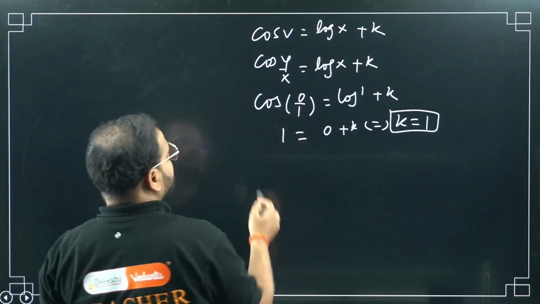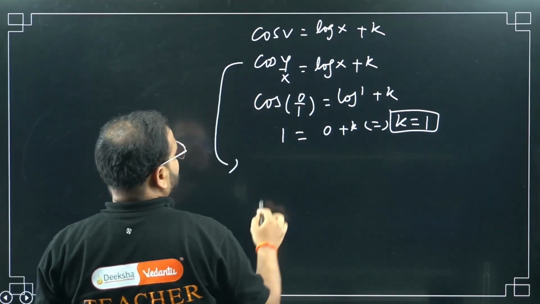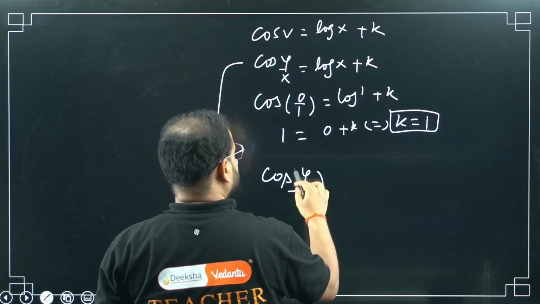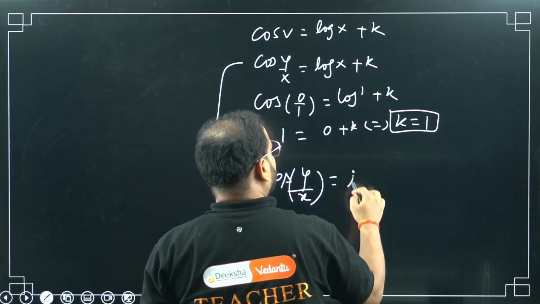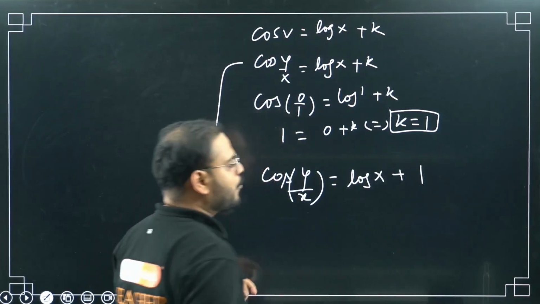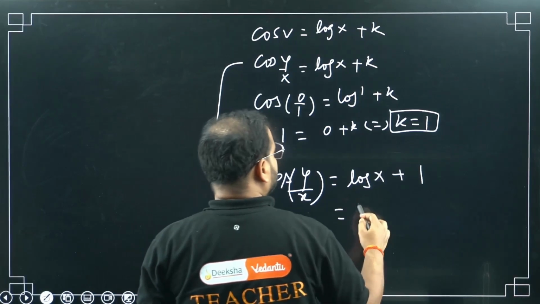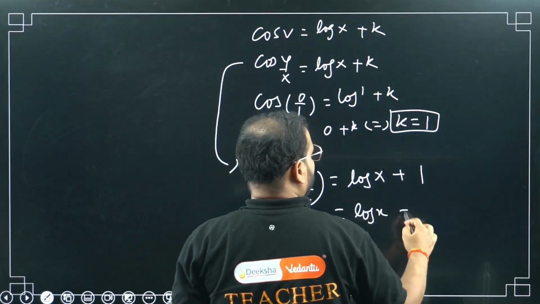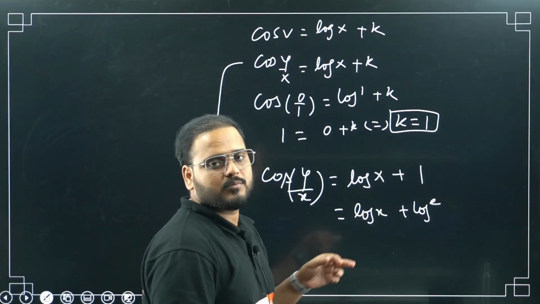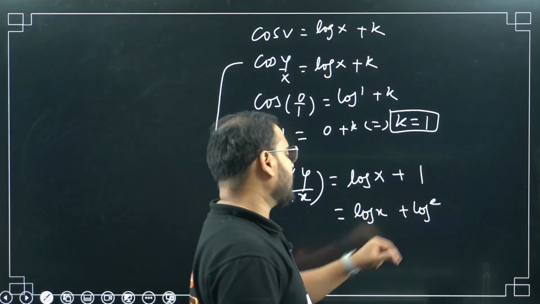So k is 1 means I can write this as cos of y by x equals log x plus k, I'll write it as 1. I can write 1 as, if you remember, log of e. Can I do that? ln e is what? 1, no? Log with the base e to e is 1.